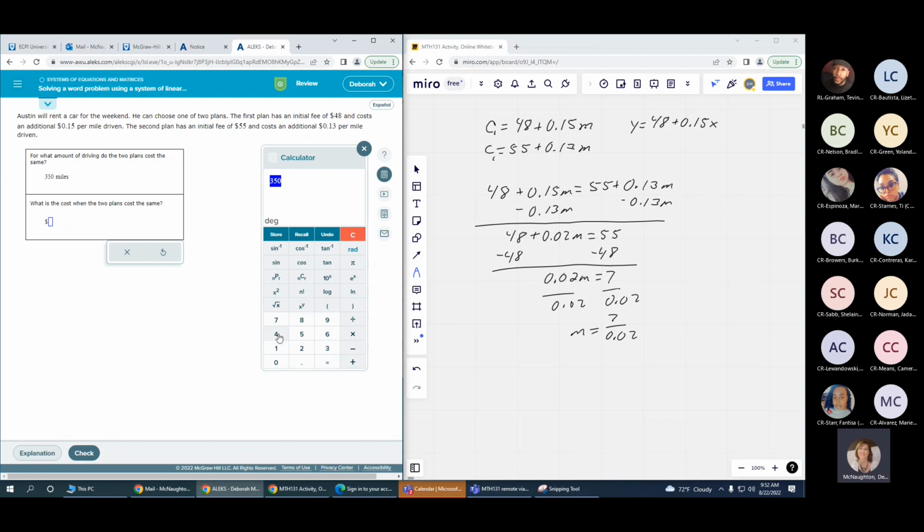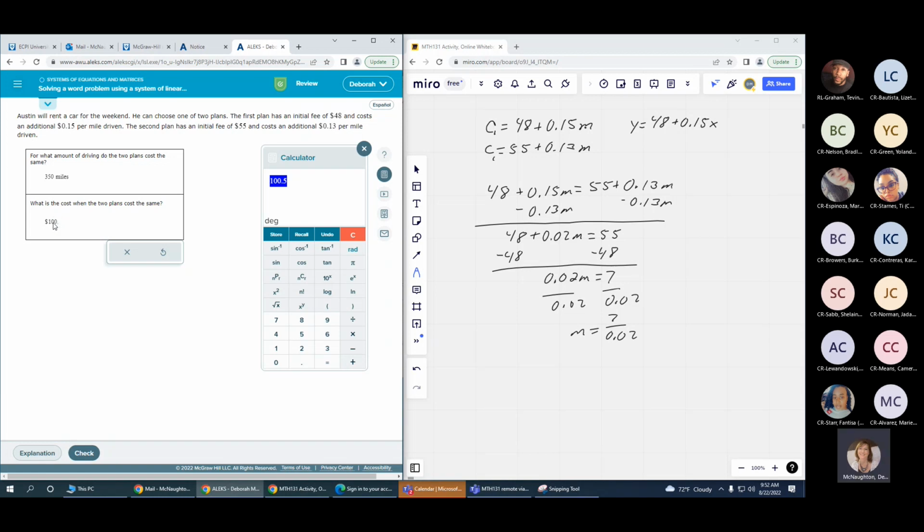So if we go 48 plus 0.15 times 350, when I put that back in at 350 miles, the cost one, well, that's actually what's asking us the second time. What is the cost when the two plans are the same? And it's 100.5.